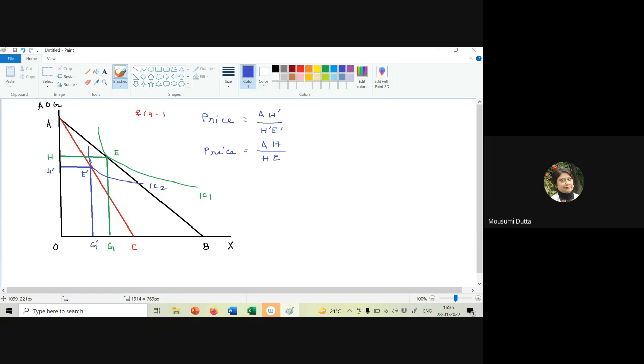Next, let's find the cost of OG prime of X. That is the new amount the consumer is purchasing, OG prime of X at the pre-tax price.